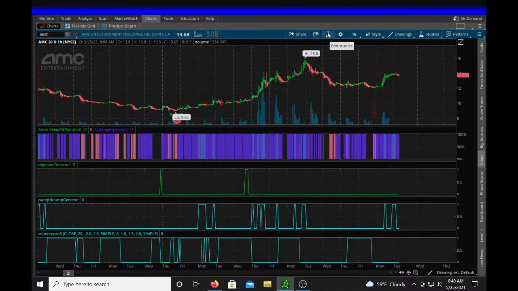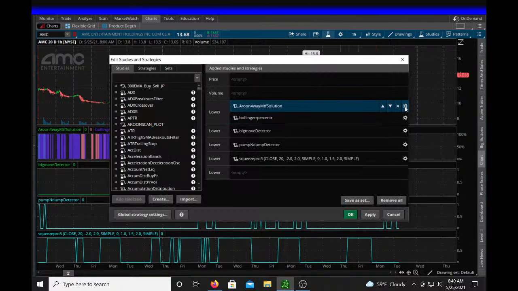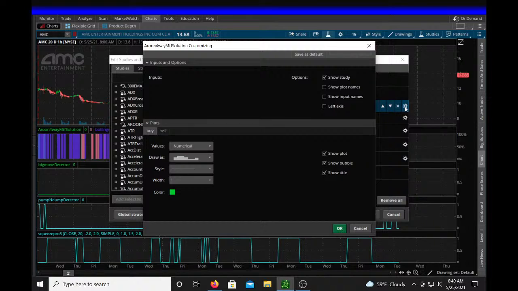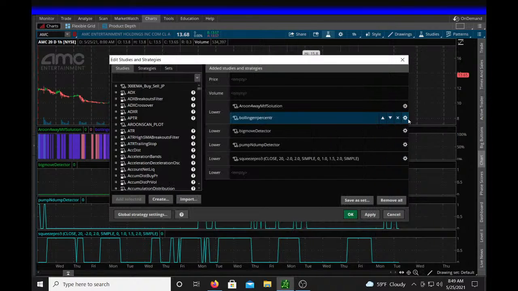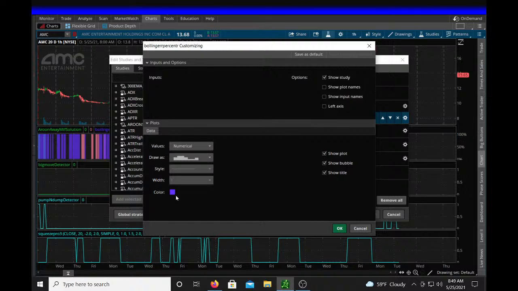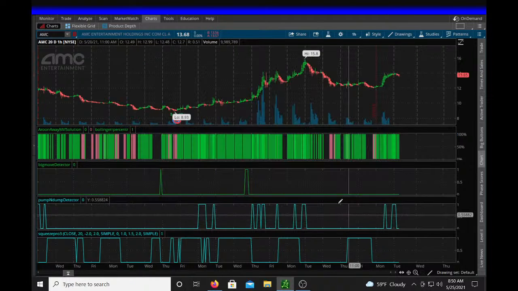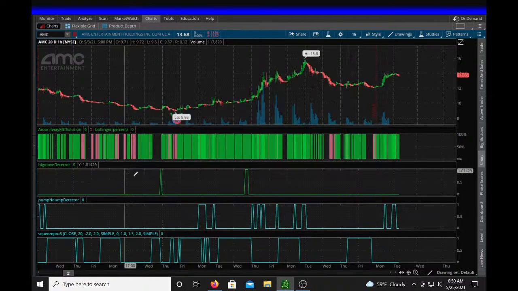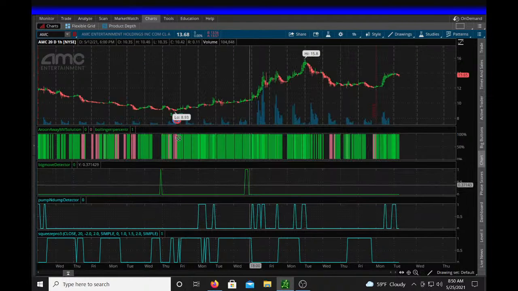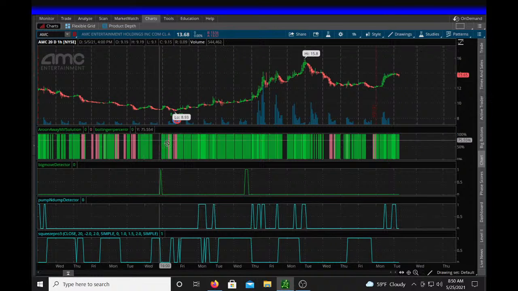Okay. Now, let's change some colors around here. You got green for buy, red for sell, and it looks like our Bollinger %R is the purple. Let's make it also green. Click OK, click apply. Now we can see green and red. All right. So that's a nice way to look at it right here.